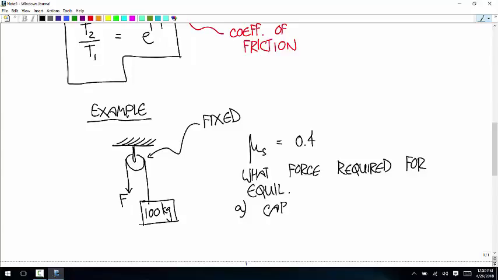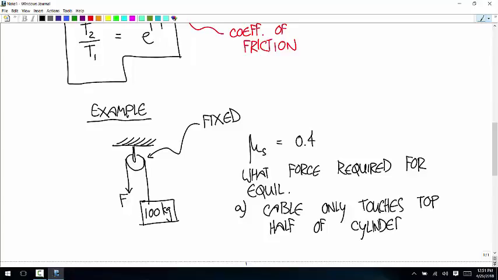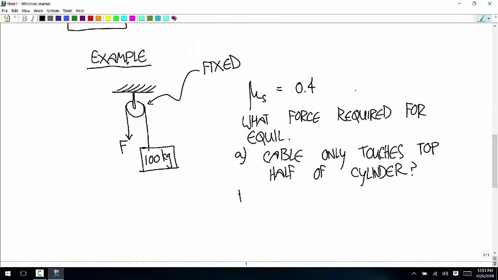So if the cable only touches the top half of that cylinder, and second, what if that cable goes over, wrapped around, and back?